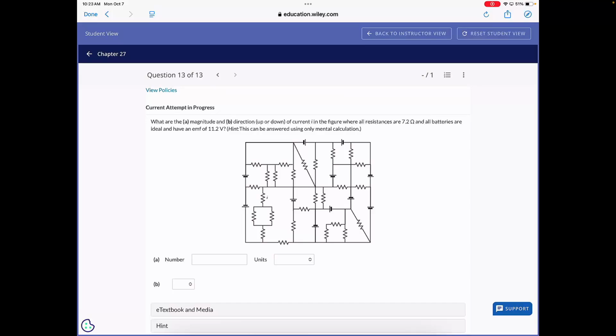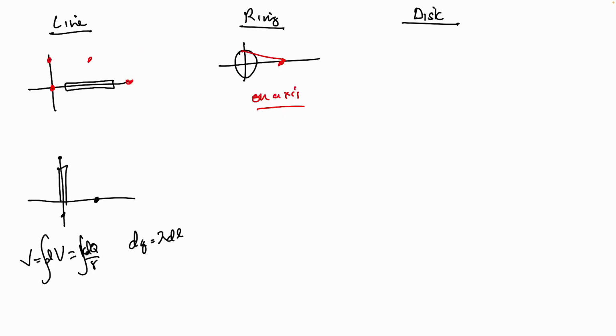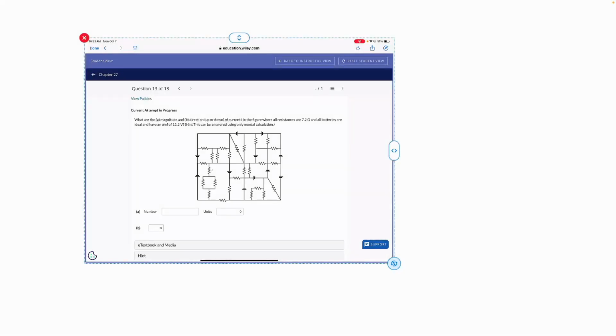Does anybody know a better way for me to do what I'm doing here, which is just copying and pasting into GoodNotes? Yeah, I'm just screenshotting it. And then you can't see it, but I paste it, and now I go in and crop it. You could crop the screenshot too.